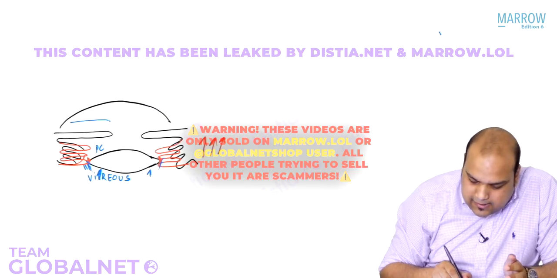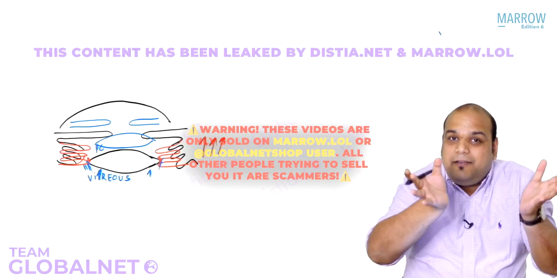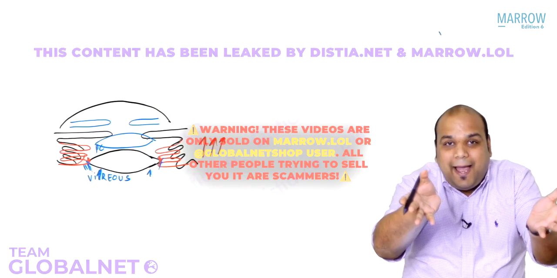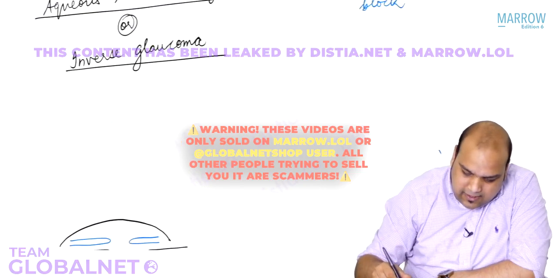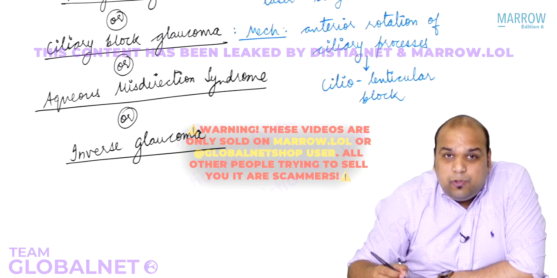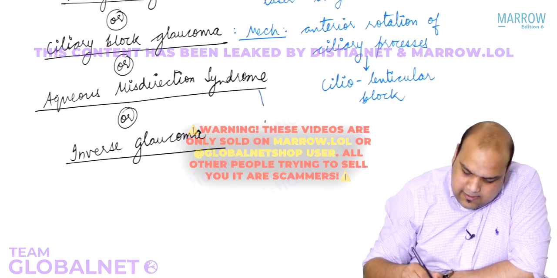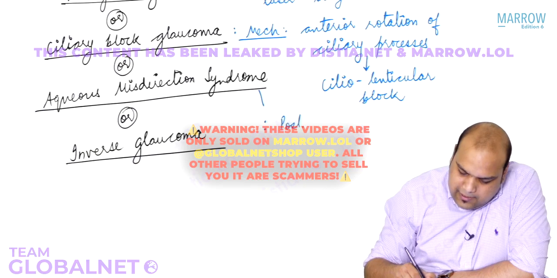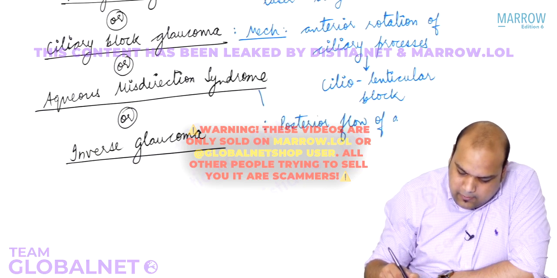So let's say now the iris will reach here, my lens will reach here. So when everything gets pushed forward, everybody, it will lead to angle closure glaucoma. Do you understand this? If I write it, due to the ciliolenticular block, there is posterior flow of aqueous.